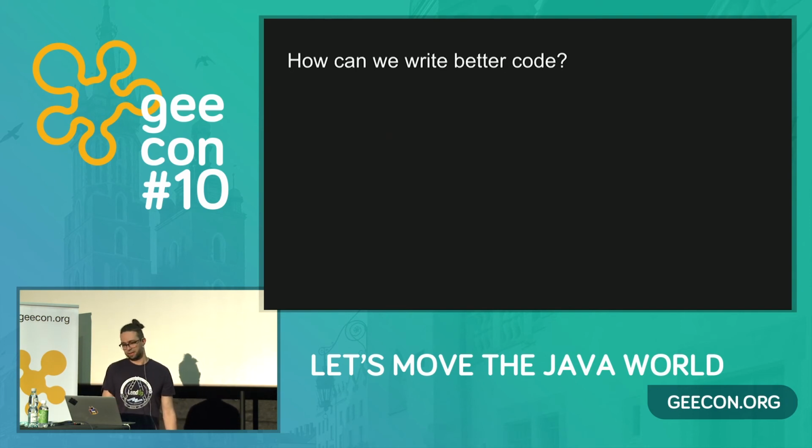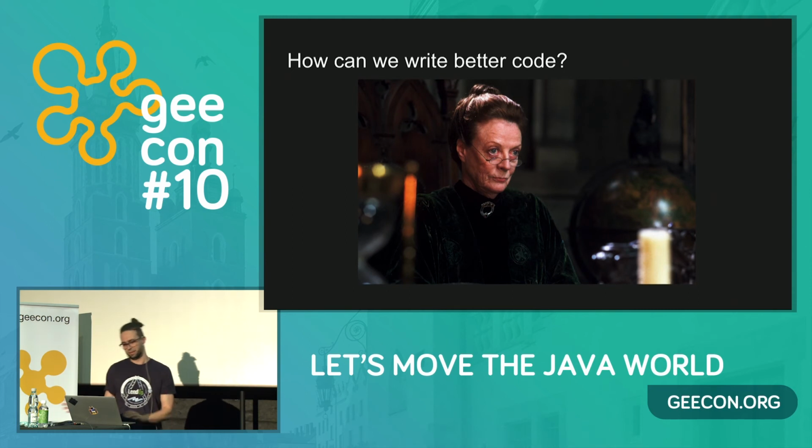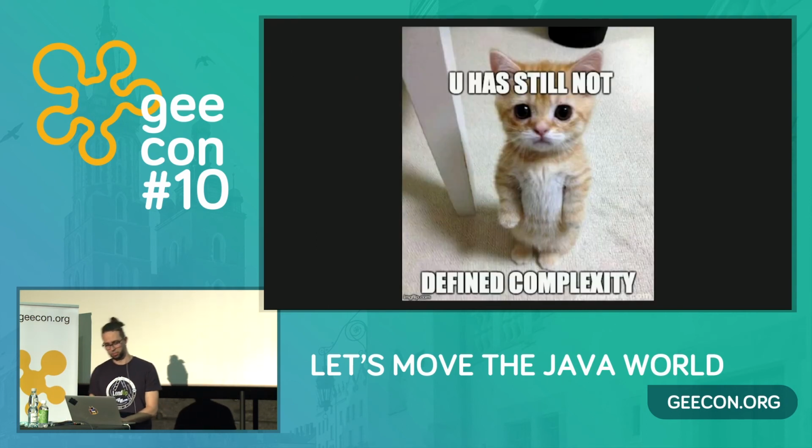And if you ask how we write better code, this is not something that I want to talk about right now, because there are plenty of experts on that, and a lot of good books.